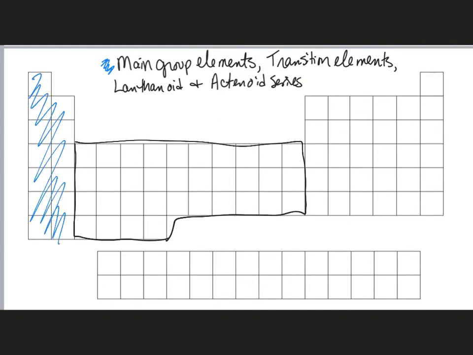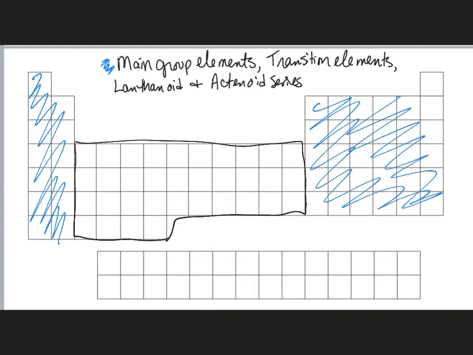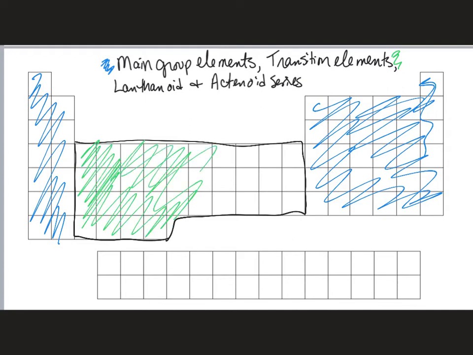So this side and what we have over here on this side are main group elements. In green, I'm going to show you what the transition elements look like. So transition elements are things that are here that are in the middle of the main groups. So it transitions from one side to the next.